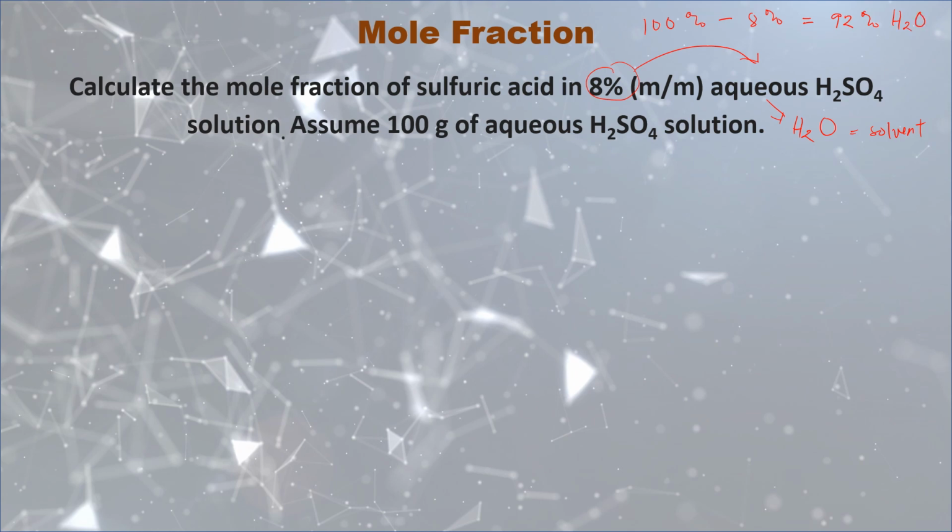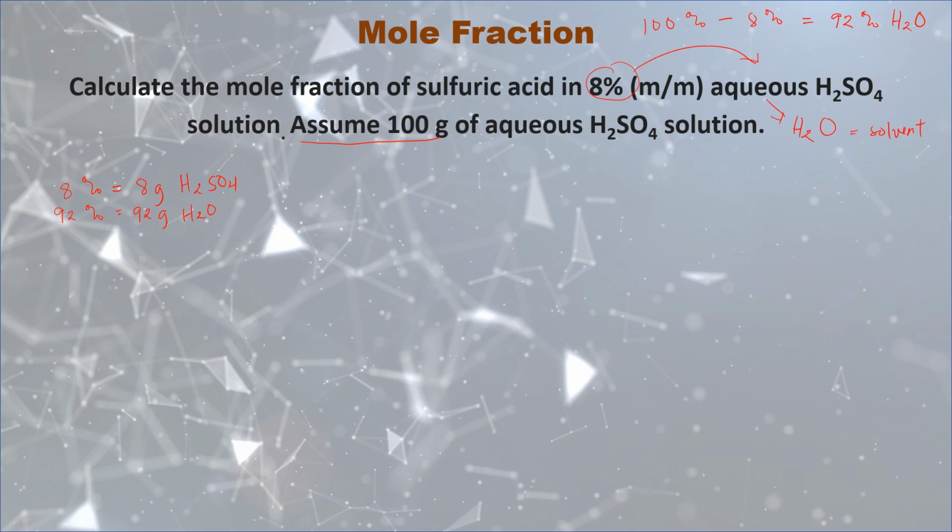Now it says in the problem that we assume 100 grams of the solution. So if that is 8%, that is equivalent to 8 grams H2SO4, and if that is 92% water, that is 92 grams H2O to make this a 100% solution.